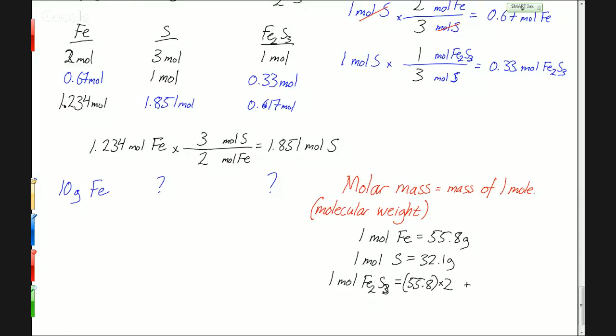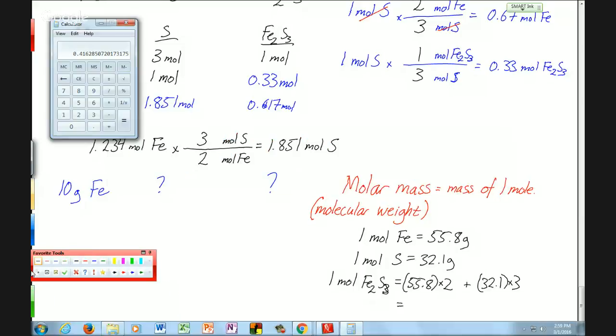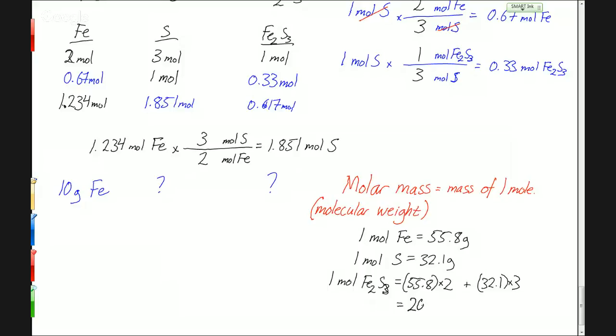And then add that to the sulfur, which is 32.1. And we multiply that by 3, since there's 3 of those in the formula. And we get 207.9. And as with anything else, however many decimal places you want to use, that's kind of up to you. So we'll not be too strict about that.